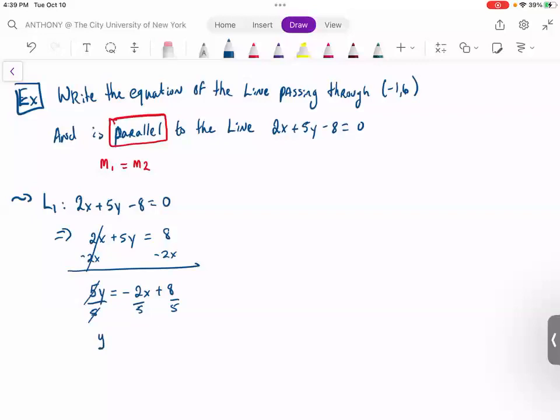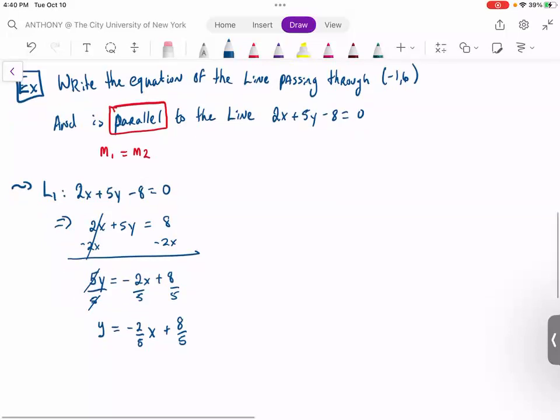You get y = -2/5 x + 8/5. Now, from this line in slope-intercept form, you should be able to identify your slope. My slope here, m1, is equal to -2/5. Essentially, it's the coefficient, the value that's in front of your x.